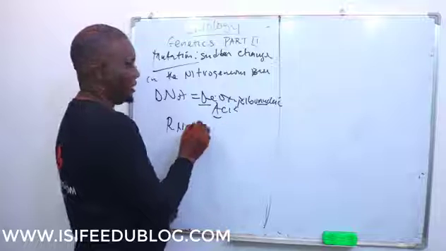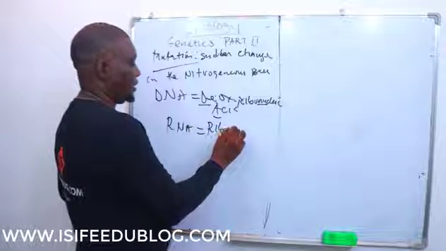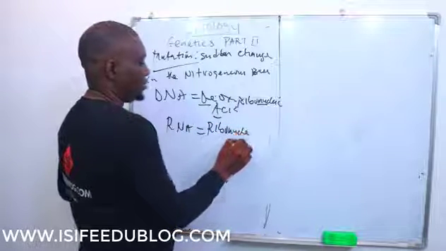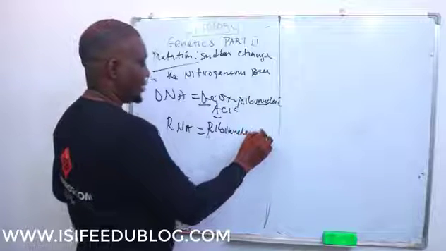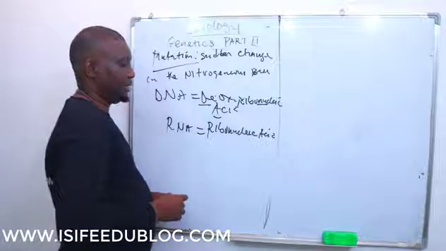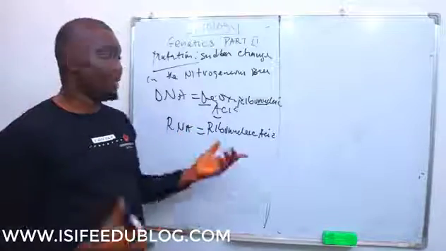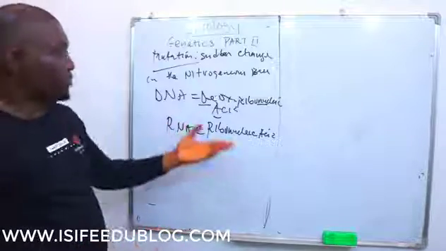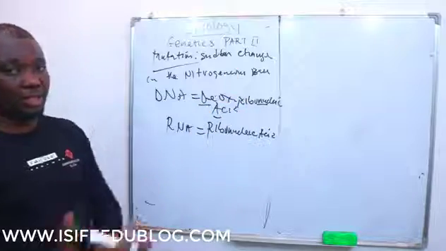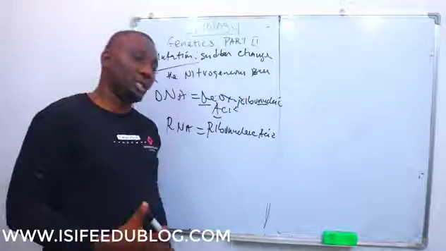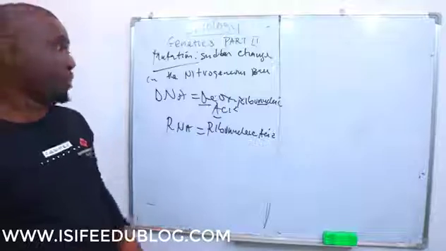Just like DNA, that one is ribonucleic acid. Unlike RNA, DNA does not have oxygen at the ribose sugar. That's the name. Deoxyribonucleic is deoxygenated in the position of the ribose or pentose sugar.